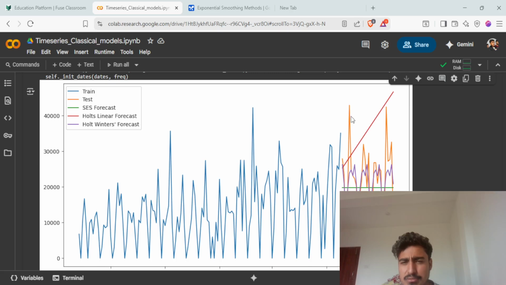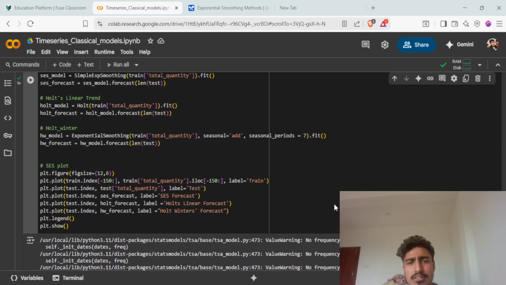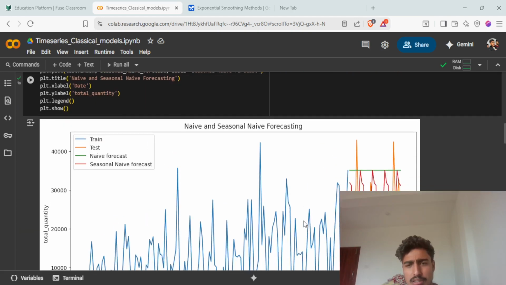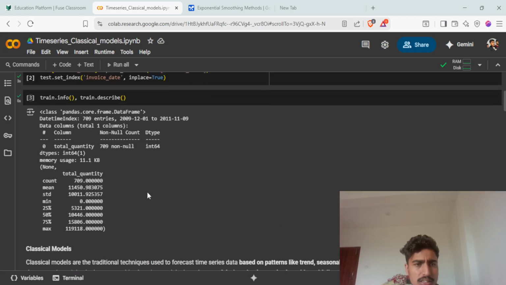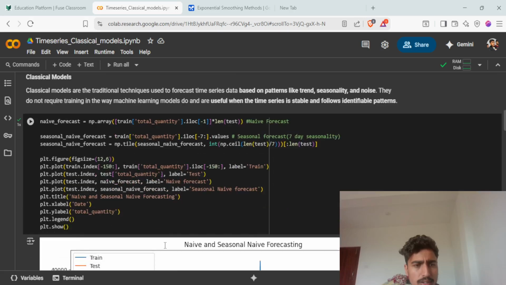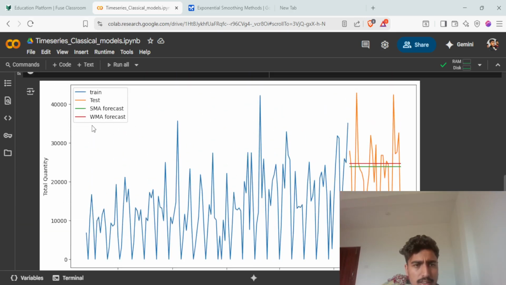It hasn't considered this peak because it is actually a weighted average. I can show you the weighted one here, with the WMA forecast represented.